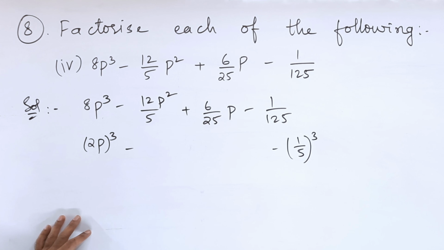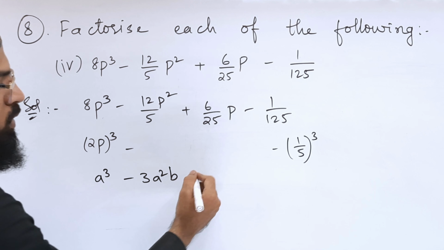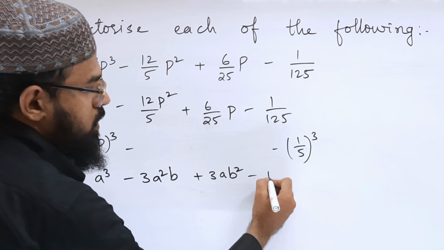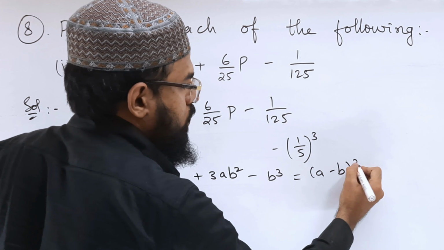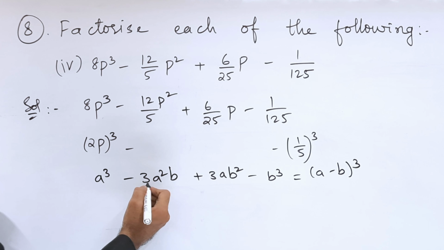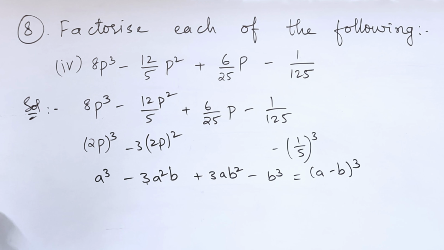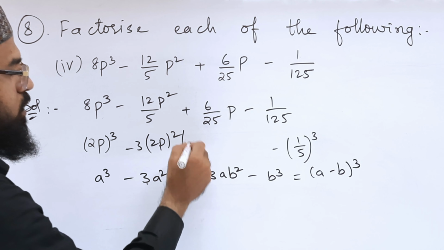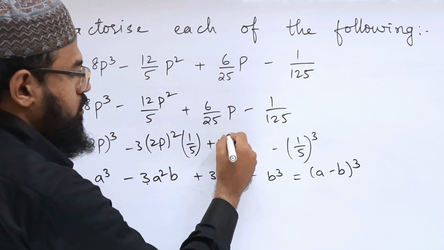Now we will take the help of the formula. So the formula is a cube minus 3a square b plus 3a b square minus b cube is equal to a minus b whole cube. So here it is 3, a is 2p. So 2p square. Let us check that. 2 square is 4, 4 3s are 12. So we are getting the 12. Next, b is 1 by 5. Next, plus 3a.